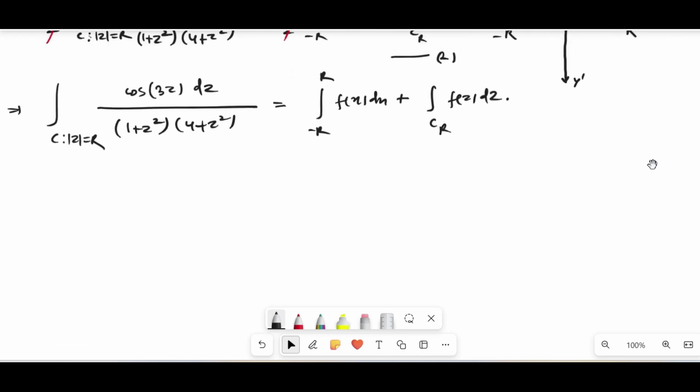So now further we will calculate this integral by using the Cauchy residue theorem.